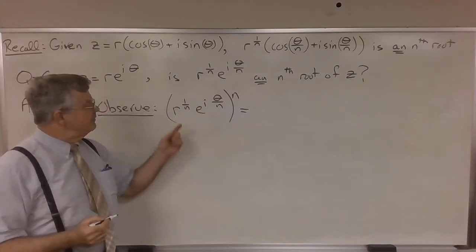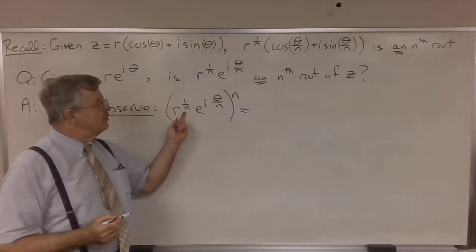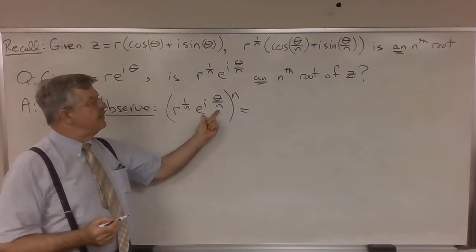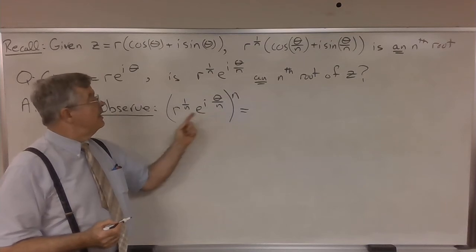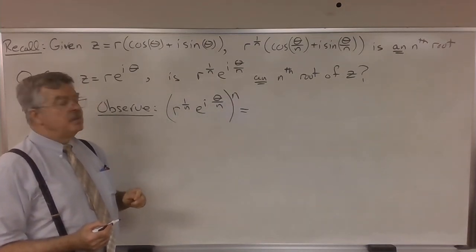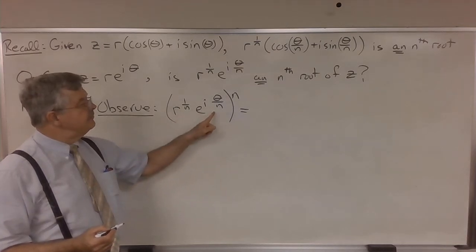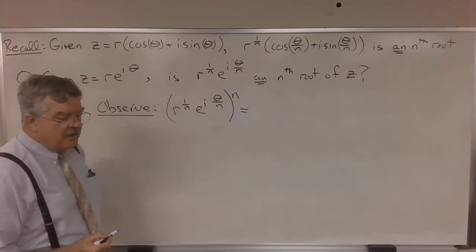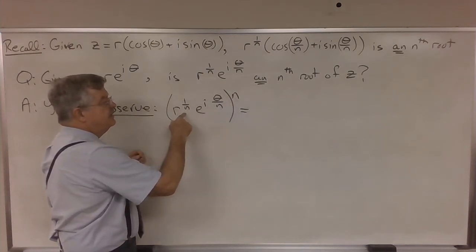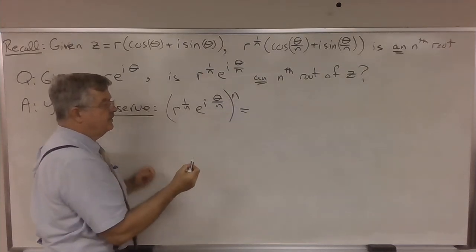And what we have is a product. r to the 1 over n is one factor, and e to the power of i theta over n is another factor. We have a product raised to a power, so we can raise each of these separately to that power. Or looking at it another way, the exponent distributes to each factor of the product.